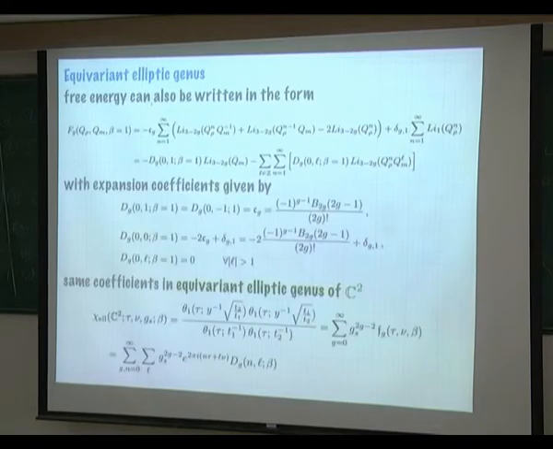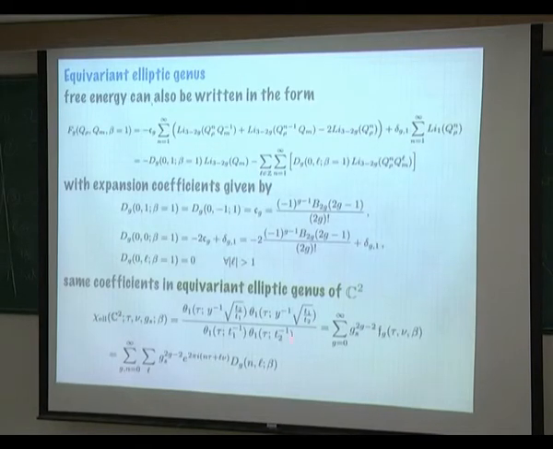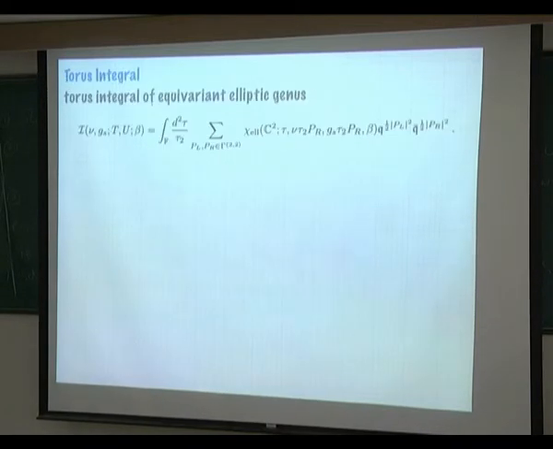So this integral here, one way, so we have this equivariant elliptic genus and we have this form of the free energy. What you can show is you can extract the free energy from the equivariant elliptic genus in another way using a torus integration. If I define this integral here, I just take the elliptic genus which I presented on the previous slide.